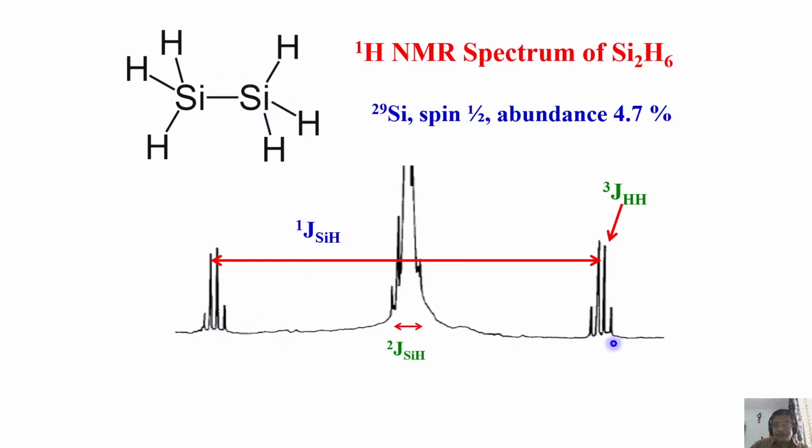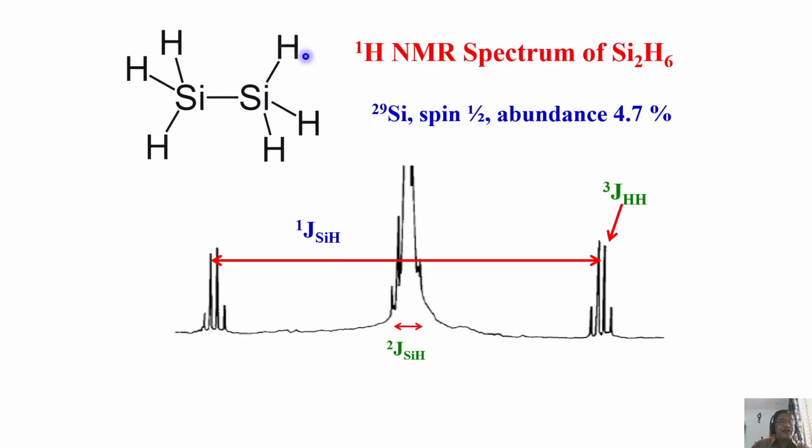But this separation to this separation gives me what? One bond silicon-proton coupling. Center of this quartet to center of this quartet, if I measure, I get one bond silicon-proton coupling. At the same time, if you look at this one, what are we getting? This is HH coupling. This proton is coupled to this because now you have broken the symmetry.